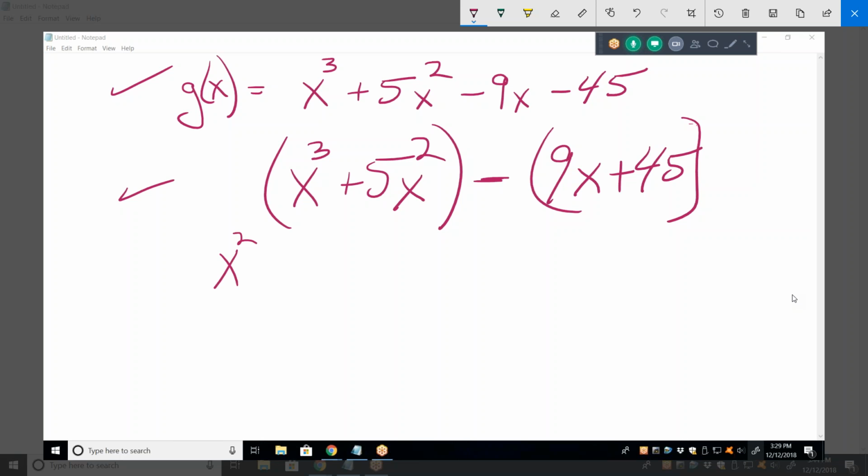I can take an x squared out of both terms. By that, I mean I can divide both terms by x squared. That's all that means. I can divide both terms by x also. So x is a factor, but I want the greatest factor. That's x squared. What's left over after you factor out x squared?